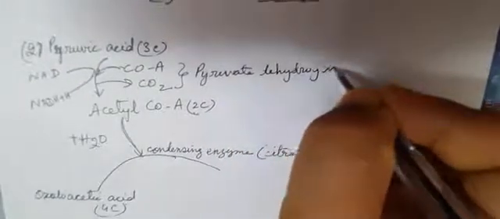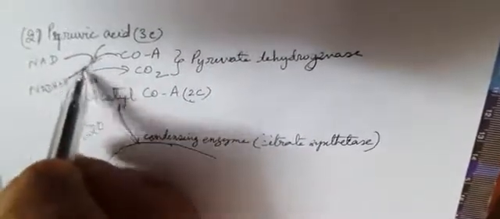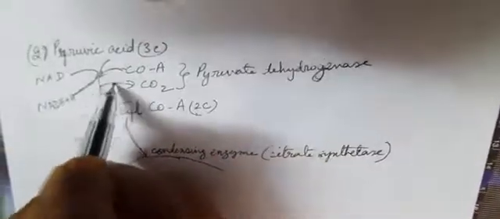This reaction will take place in the presence of pyruvate dehydrogenase. As it is a dehydrogenase enzyme, this will be removing the hydrogen ions from pyruvic acid and a molecule of carbon dioxide, forming the acetyl coenzyme A, that is the 2 carbon.